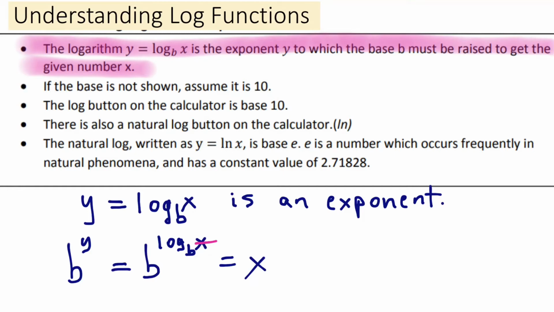So that means that everything else, this stuff here, must go away when we do that operation so that we're only left with x. So if that's the case, b raised to the log b reverses that whole operation, b raised up to a power, and returns you just this part here, x.